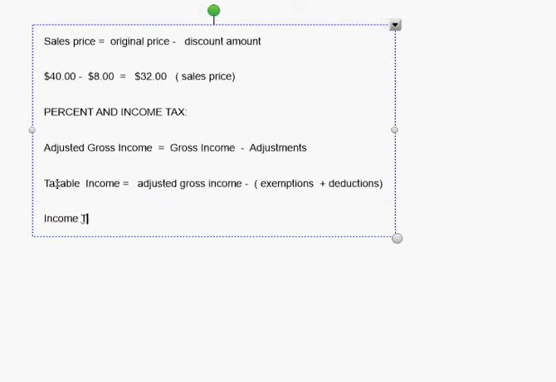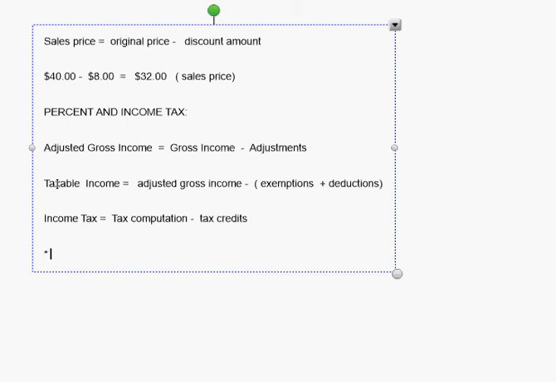Income tax is tax computation minus tax credits. See Table 8.1, page 448 for 4 filing status categories.